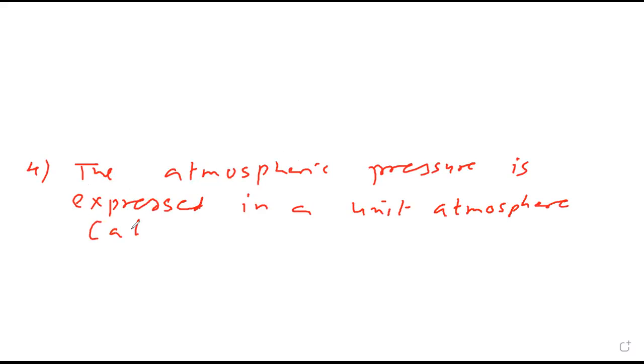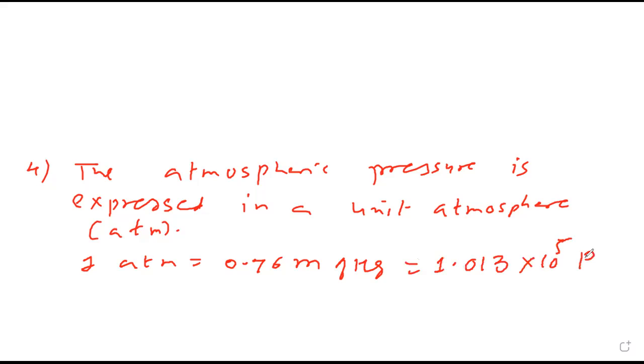Abbreviation is ATM, and 1 atmosphere is equal to 0.76 meter of mercury. मतलब this much height of mercury का pressure is called 1 atmosphere. It is equivalent to 1.013 times 10 raised to 5 Pascal. An atmosphere is 0.76 meter height of mercury.